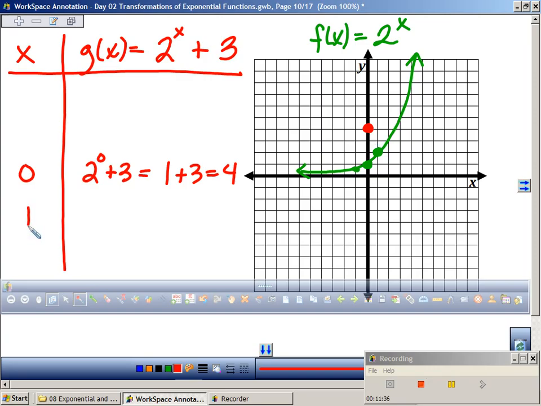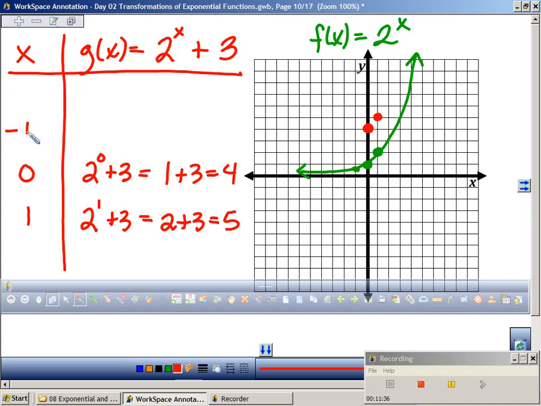Let's put in 1. Let's see what happens. 2 to the 1 plus 3. 2 to the 1 is 2 plus 3 equals 5. I put in 1, I get 5. 1, 2, 3, 4, 5.